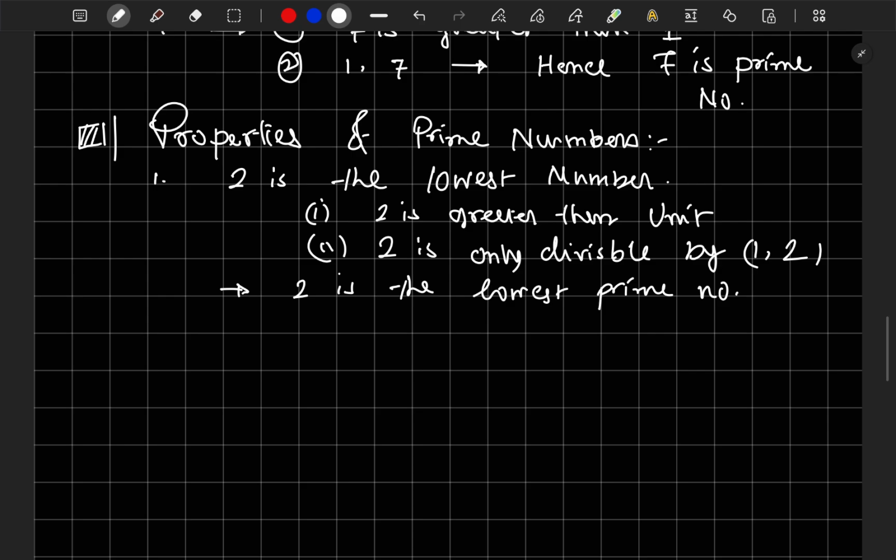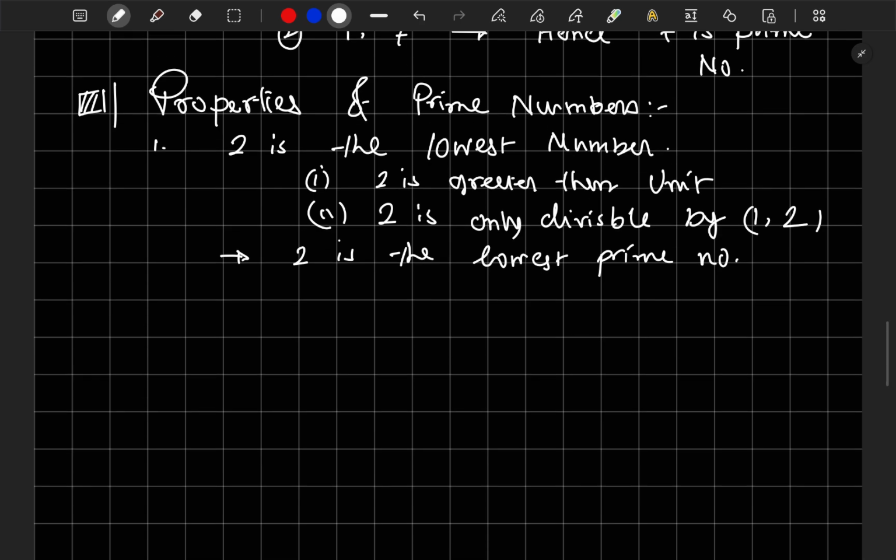And another property is that 2 is also the only even prime number. If we closely inspect the prime numbers, 2 is the only even number.